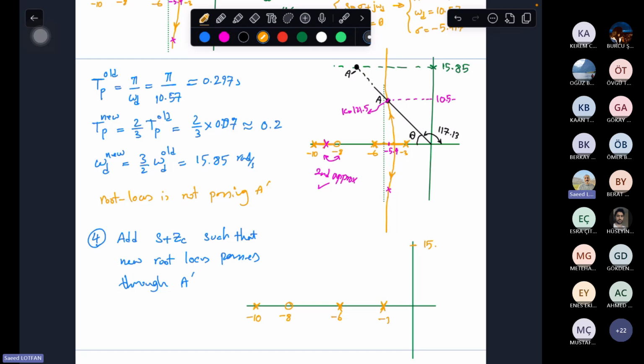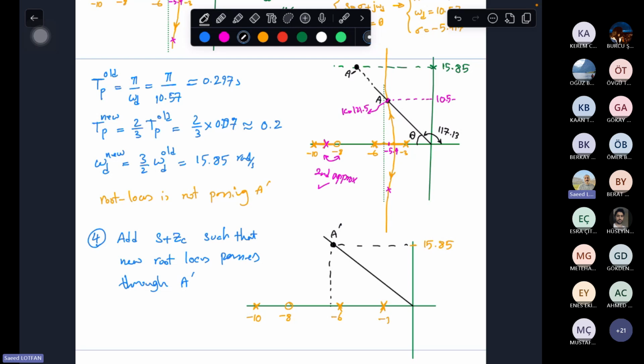I need the new point, 15.85, on this line. On this line, let's say, this is the A prime.